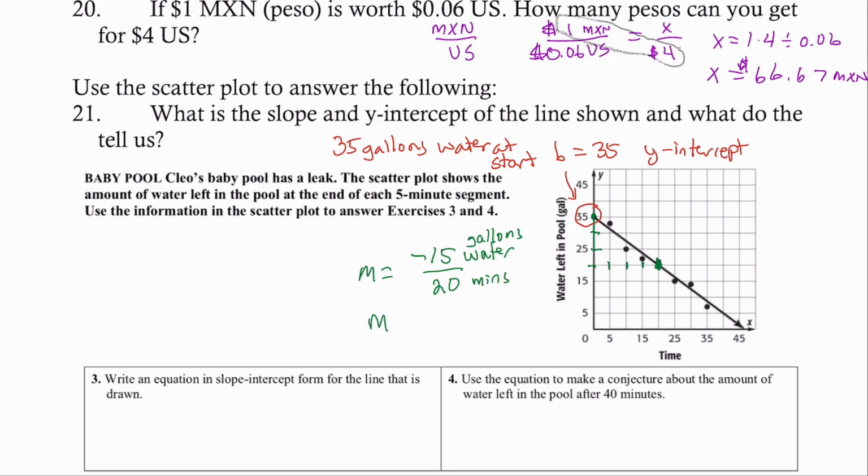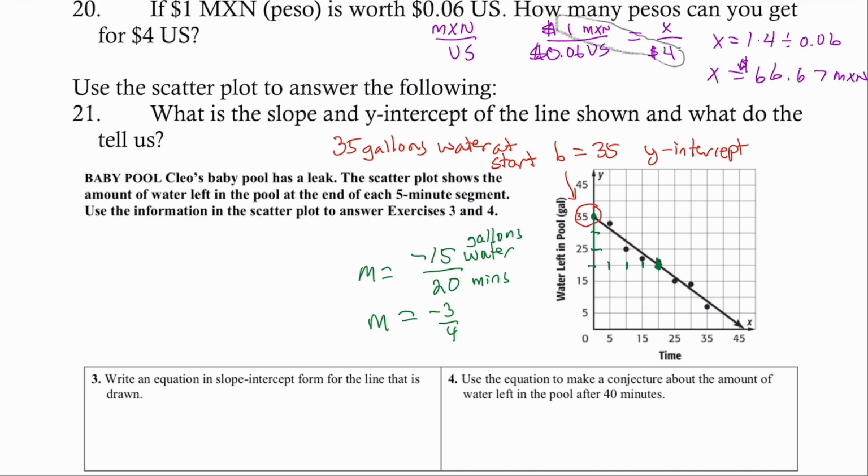They're both divisible by 5. And if we divide them both by 5, we get -3/4. So we lose 3 gallons of water every 4 minutes, or you can say every minute, if we think of it as a unit, we lose 0.75 gallons. But saying we lose 3 gallons every 4 minutes, saying we lose 0.75 gallons every minute, all of those mean the same thing. They're perfect, okay?